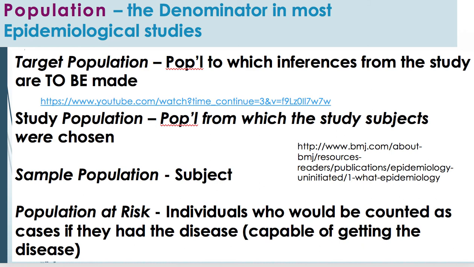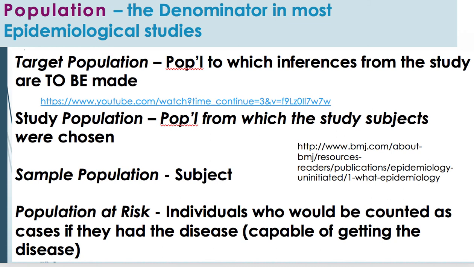The next type of population is your study population, and your study population should not be confused with your sample population. So your study population is very similar to your population at risk, and your study population is those individuals which could possibly be study subjects.